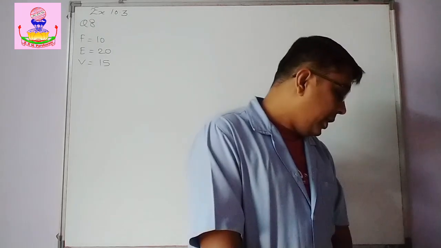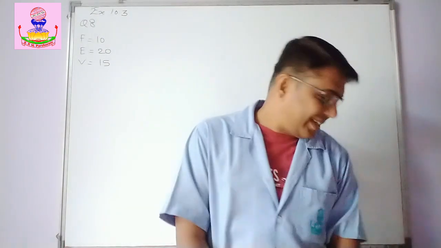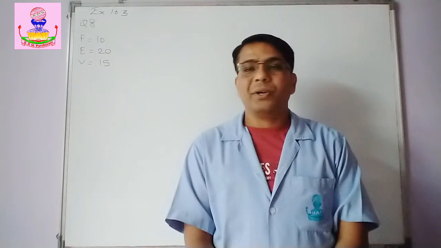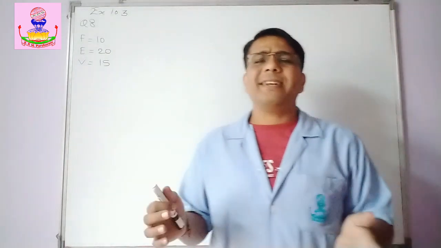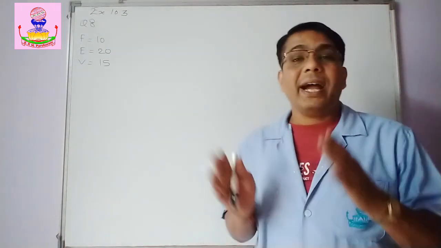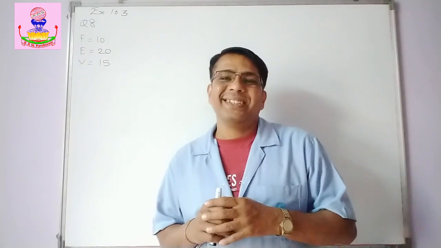Now see question number 8, what it is: can a polyhedron have 10 faces, 20 edges and 15 vertices? You have to find it out. So what you have to do? Definitely you have to verify Euler's formula. So use Euler's formula and verify whether LHS is equal to RHS.